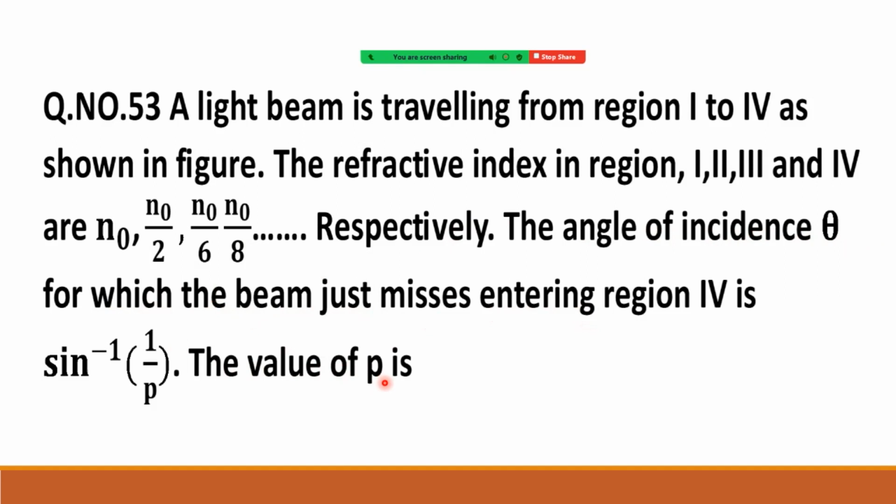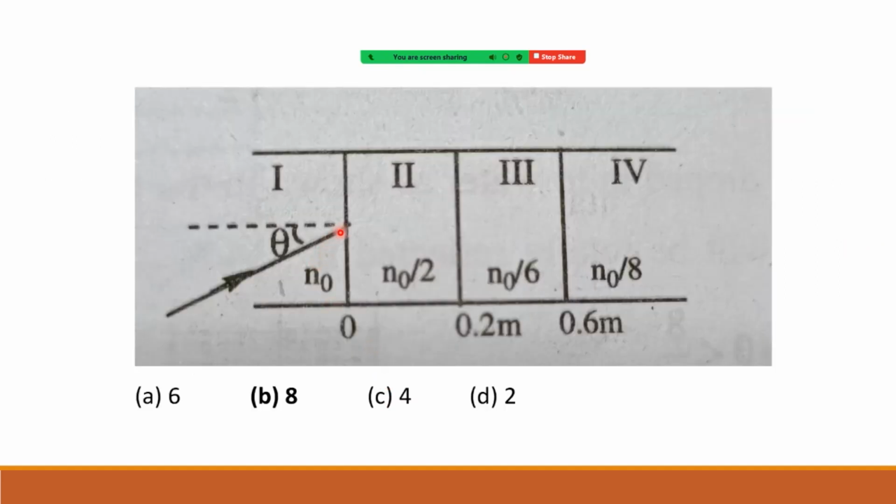See diagram for this. The beam enters from region 1 and just misses 4. Students, see carefully the meaning of just misses region 4. Its meaning is it is touching the boundary of 3 and 4, it is not entering. Means we can say it is grazing the surface.